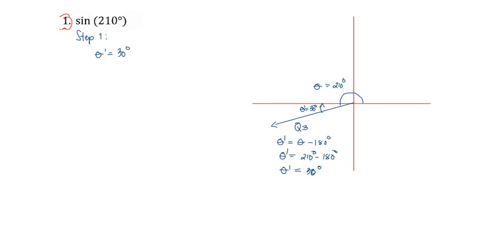And then the next thing you need to do is step 2, which is finding the reference triangle that we are going to use in terms of our reference angle. It's obvious, we are going to use the 30-degree reference triangle.